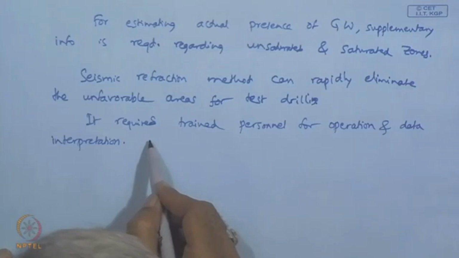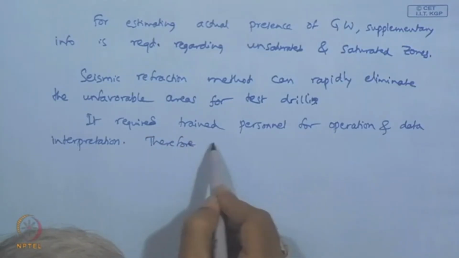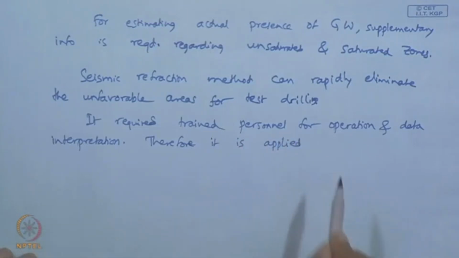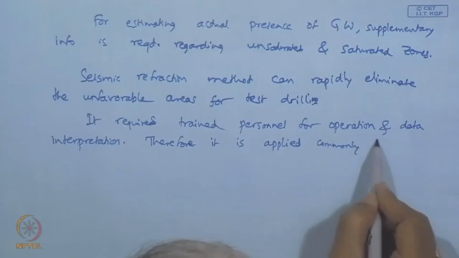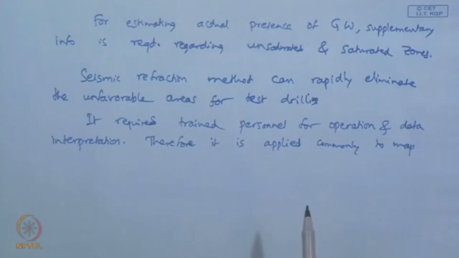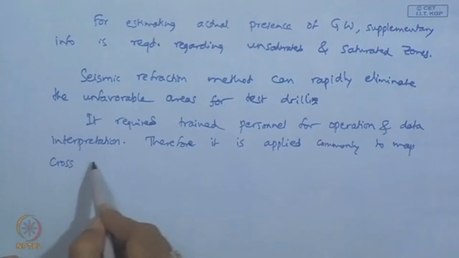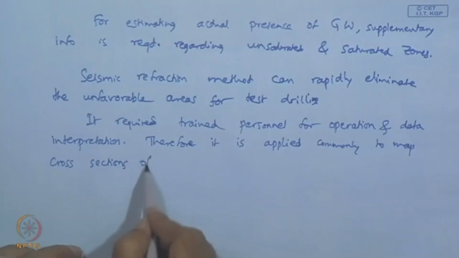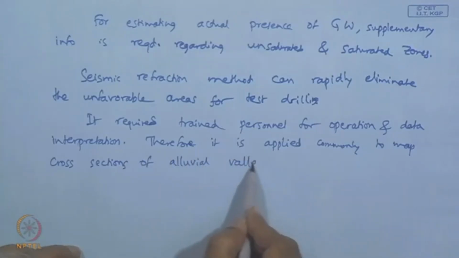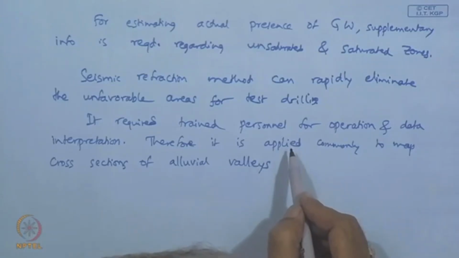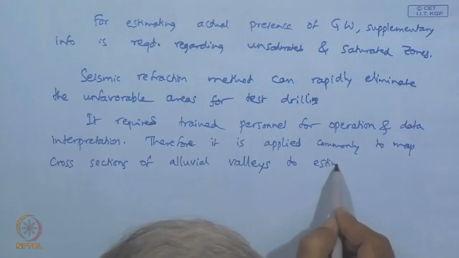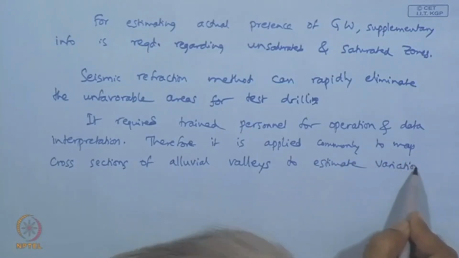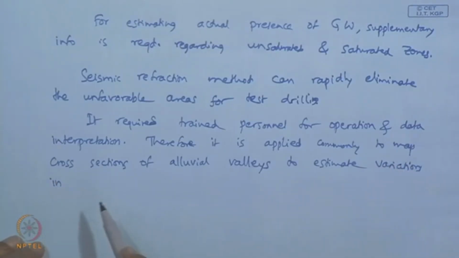Therefore, it is commonly applied to map cross sections of alluvial valleys to estimate variations in unconfined aquifer thicknesses.